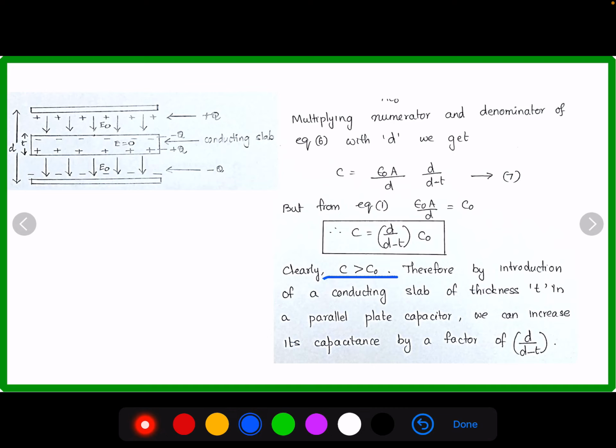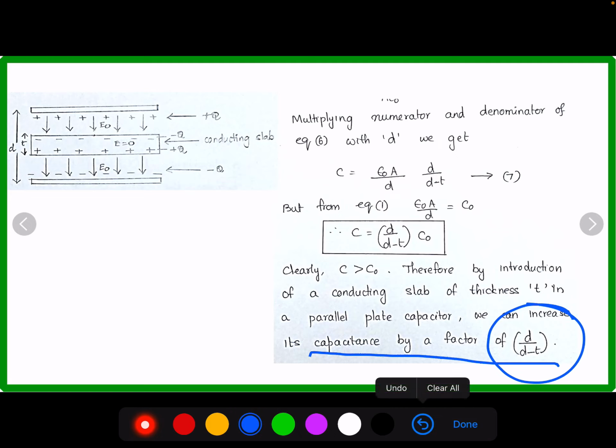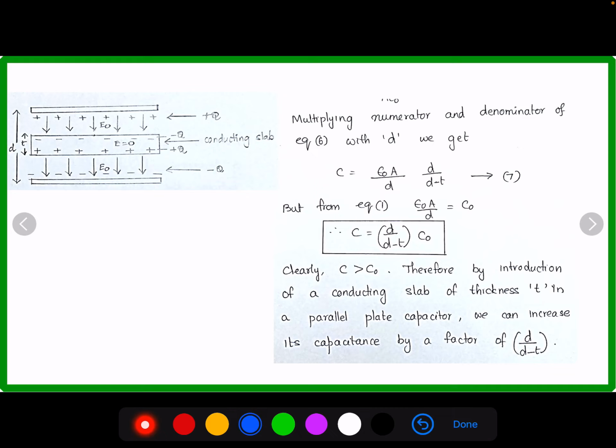Therefore, by introducing a conducting slab of thickness T in between the plates of the capacitor, we can increase its capacitance by a factor of D by D minus T. So finally, this is the expression for the capacitance of a parallel plate capacitor with conducting slab in between the plates.